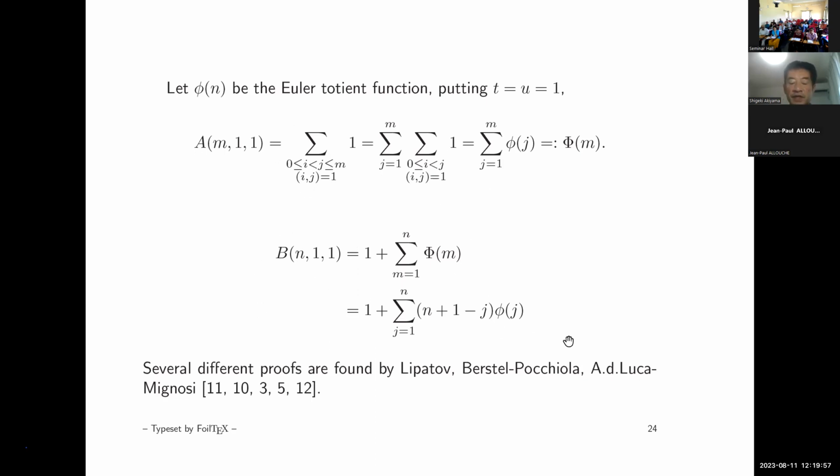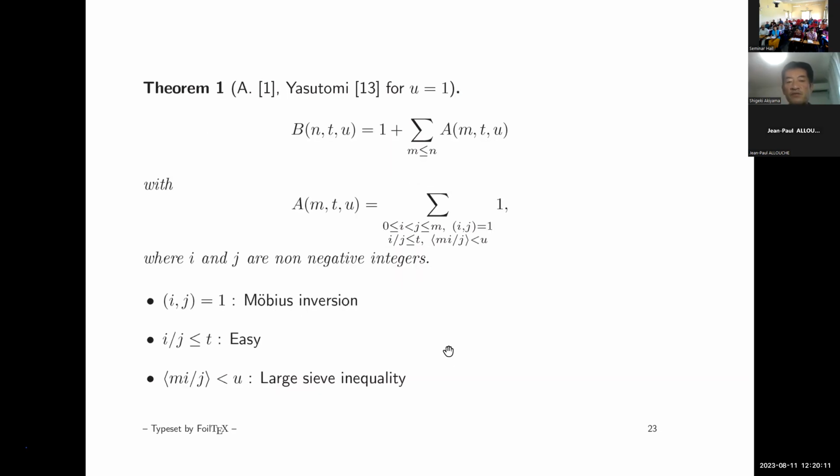This can be computed, and there are many different proofs of this fact found in several different papers. But anyway, this is one of the important formulas, and this formula is a revision, or more precise form, of this by classifying by slope and intercepts.